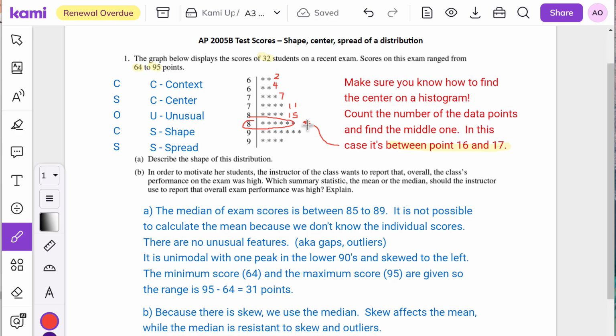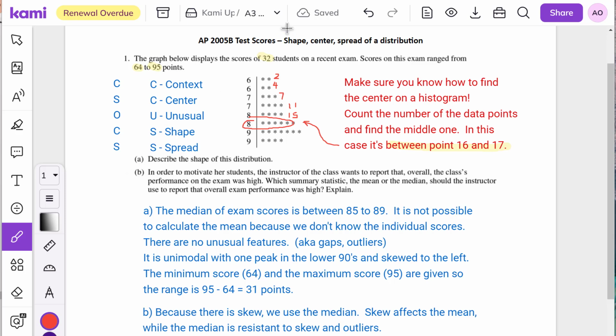So the median of the scores is somewhere between 85 and 89, because the lowest stem here is a 5 and the highest is an 89, and we don't know what it is. We don't calculate the mean, and the next part is unusual features. There are no gaps, there are no outliers, so we say there are no unusual features.